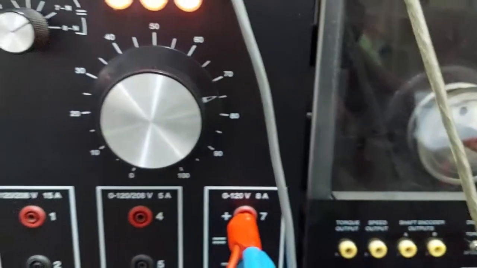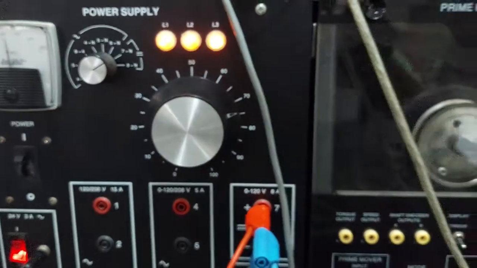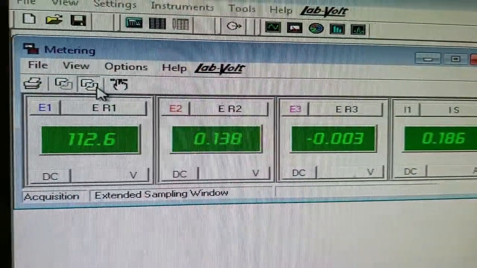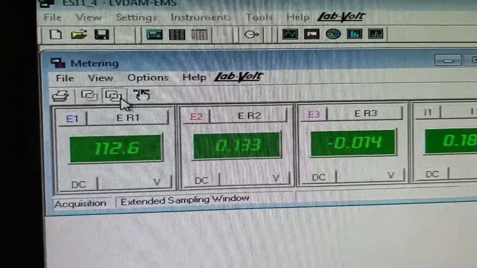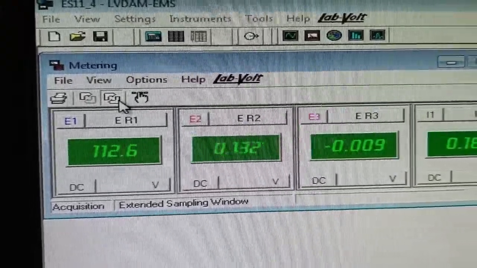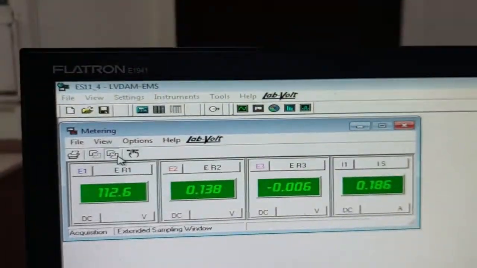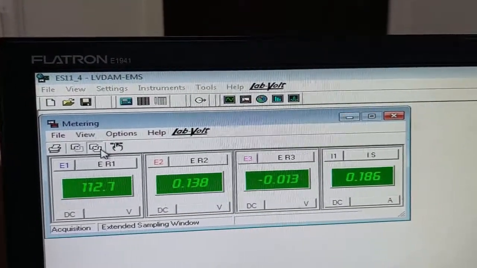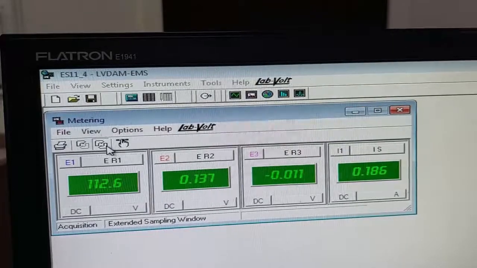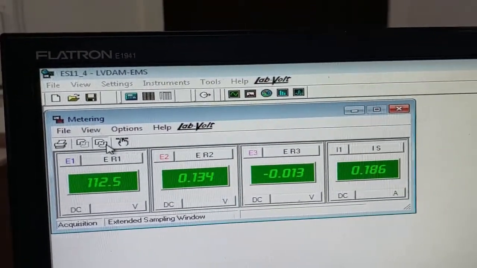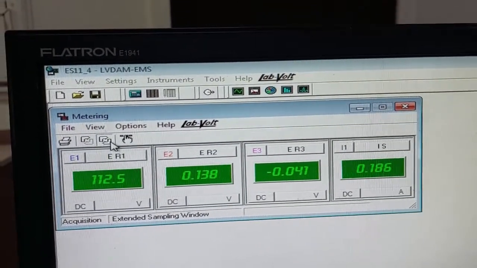So, hindi ko na ipapakita yung patas ng load natin. So, rekta tayo sa ating metering. Okay? From 0 to 75, the voltage is 112.6 and the current is 0.186. So, wag nyo nang isipin yung ER2 at ER3 kasi wala talaga yung measurement kasi wala na disconnect yan.